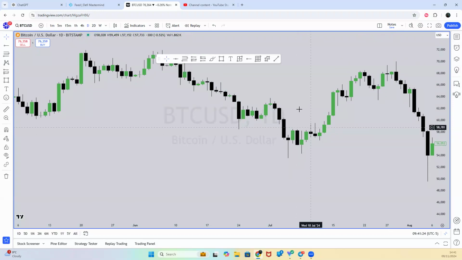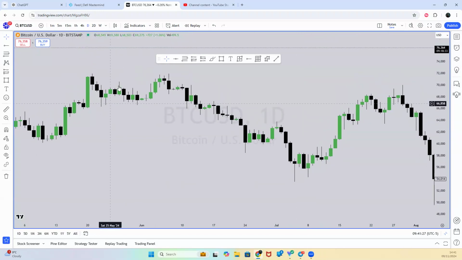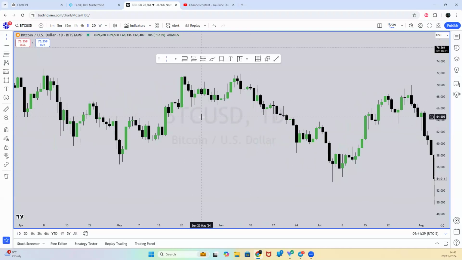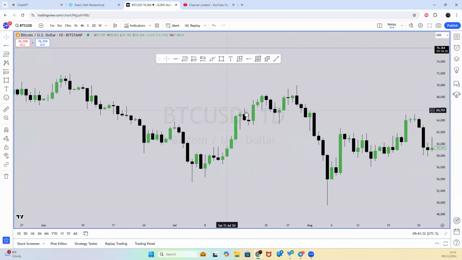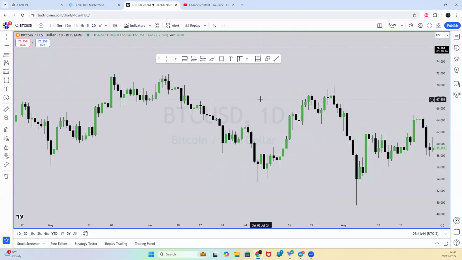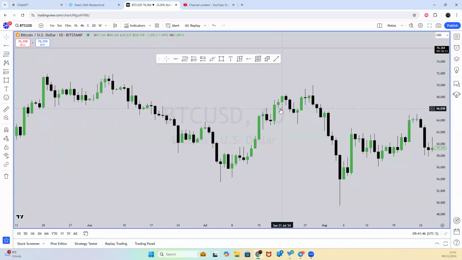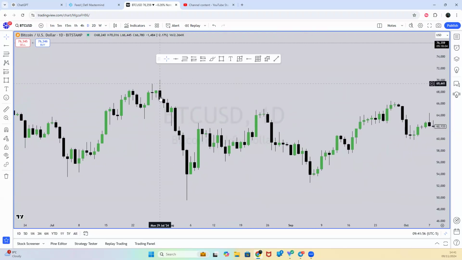But you could go and have a look, and they don't always work out. So I think it's important, as we mentioned in the first drop-in session, that you don't trade purely off of price action or candlestick patterns, but they can be used in confluence with support and resistance, or other forms of analysis like divergence patterns on indicators, etc. So long wicks are something worth looking out for.